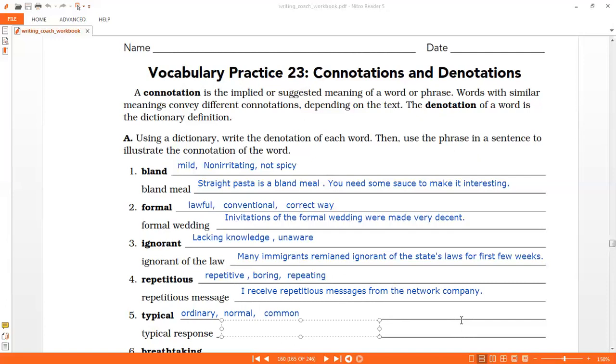So a typical response in a sentence could be like: Sally's typical response went unnoticed.